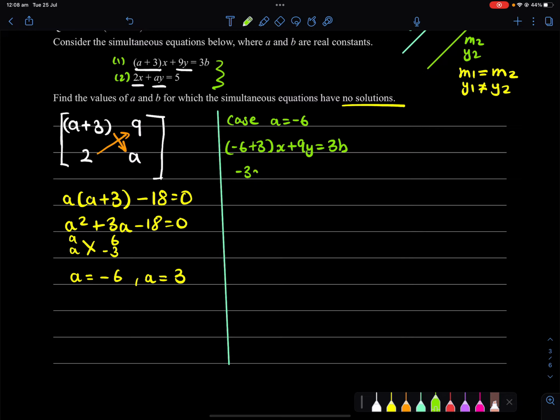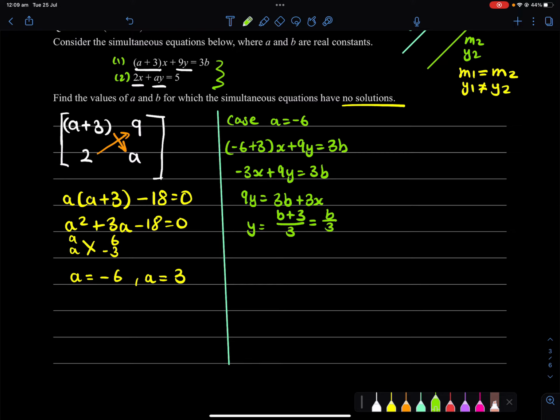That'll be negative 3x plus 9y equals 3b. That means 9y equals 3b plus 3x. y equals b plus 3x over 3, which is actually equal to b on 3.